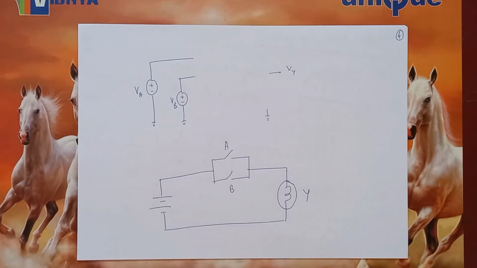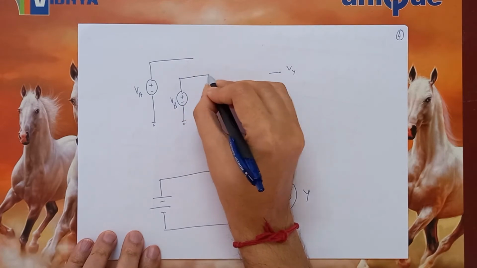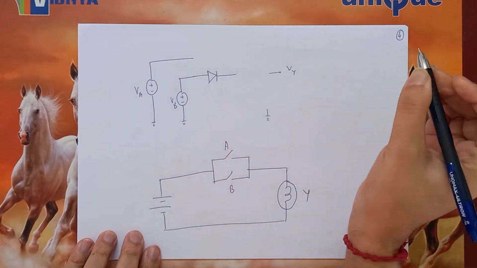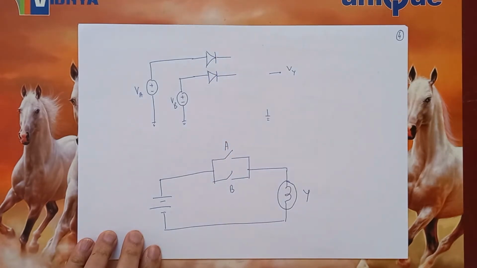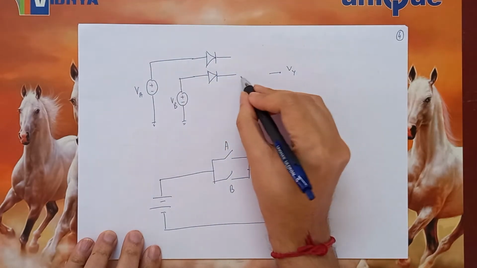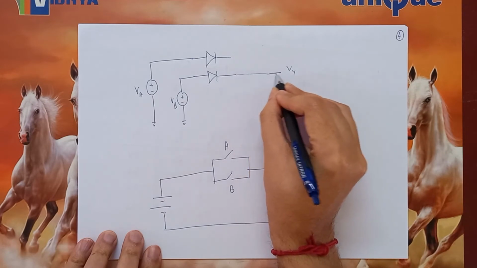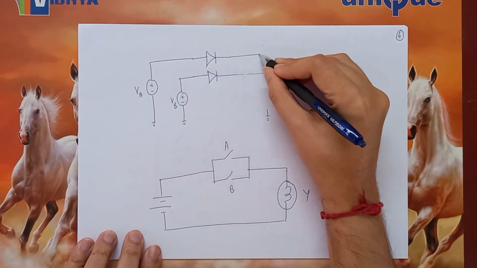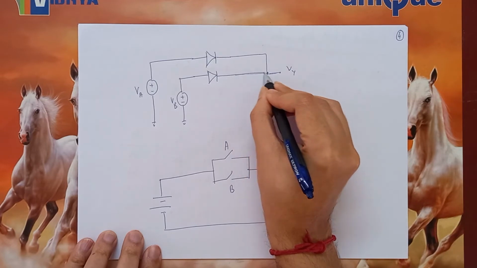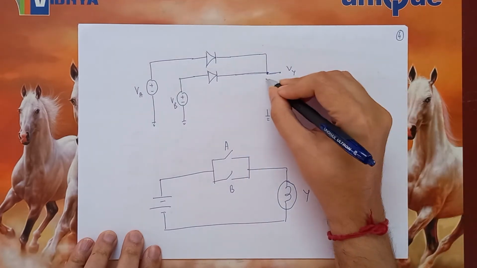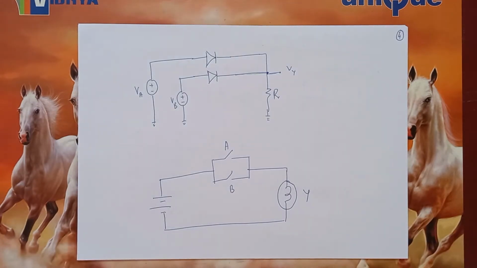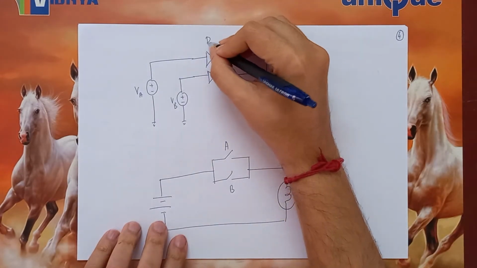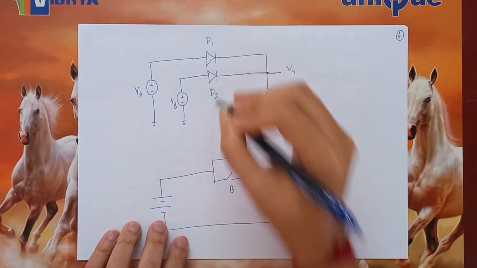So therefore let us say we have ideal diodes and let us say we connect two diodes in this manner. And then we connect them here and here. And finally, the output we observe across some resistor R. Let us say this diode is D1 and this diode is D2.